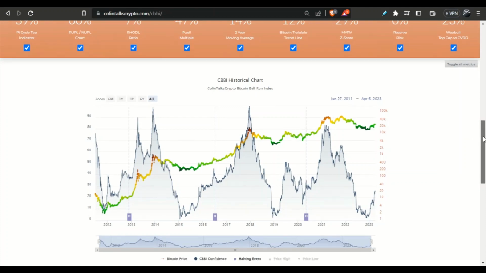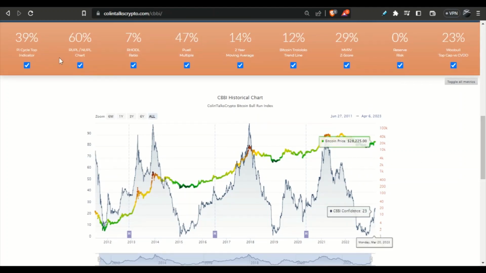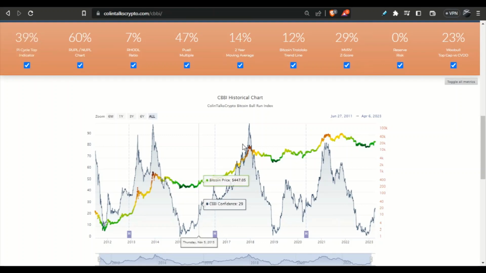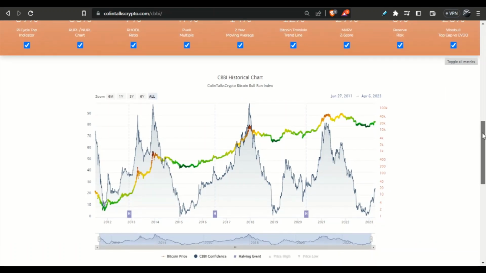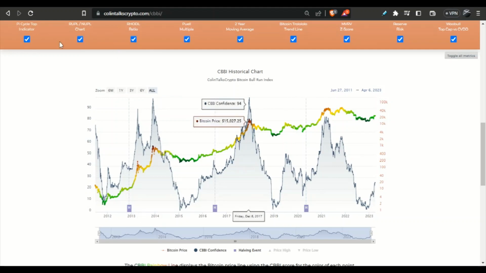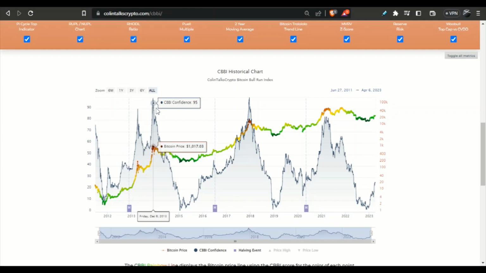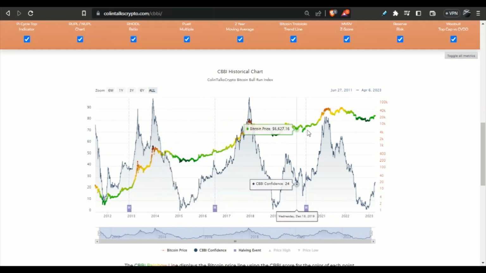First thing I want you to notice in this chart, which is a combination of all of those, but again, we get back to the conclusion at the very end of the 9th video, after we go over all of them. The things I want you to take note of now is the score is in the black line, the average of all 9 indicators, and the price of Bitcoin is in this rainbow color.